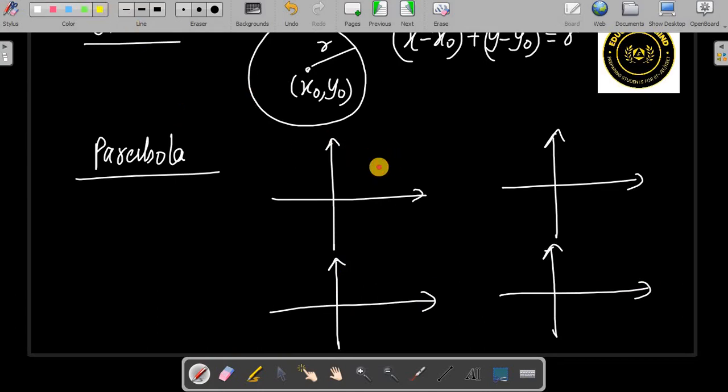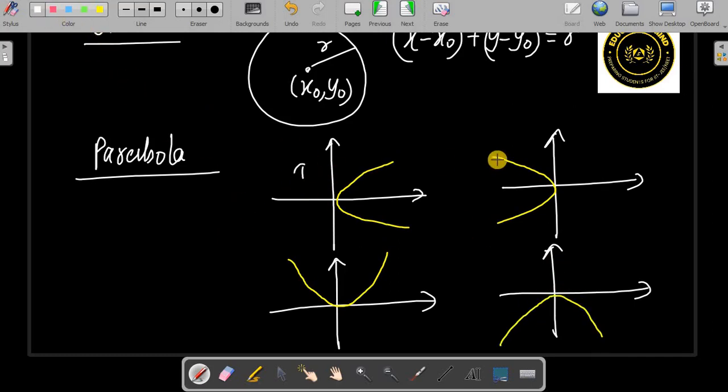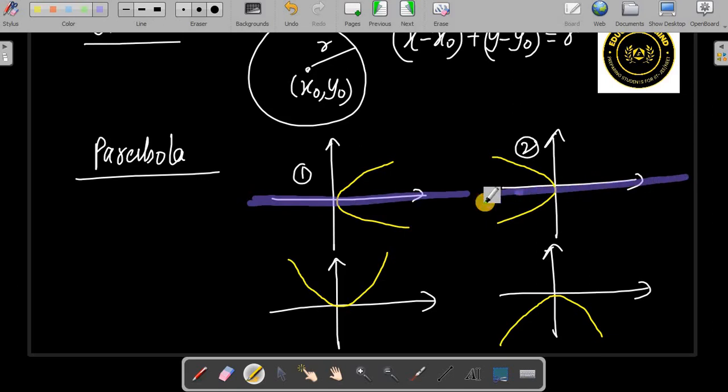So if you take a parabola like this, another parabola like this, another parabola like this, and another parabola like this. So you see in the first two cases, first and second, here the axis of the parabola is this x-axis. This is called axis of parabola, right? This is the axis of parabola.